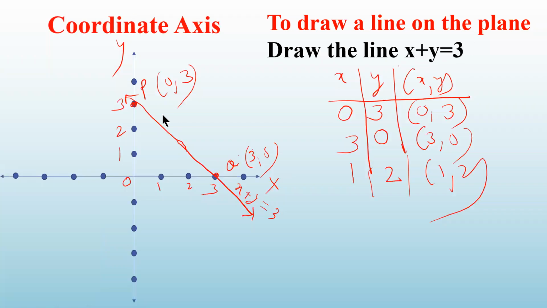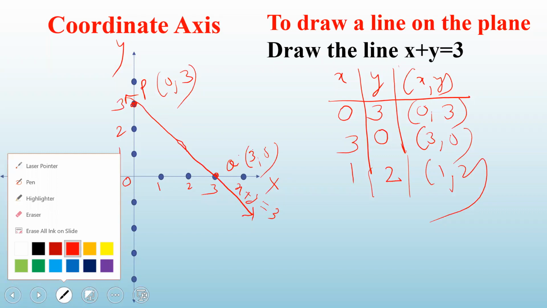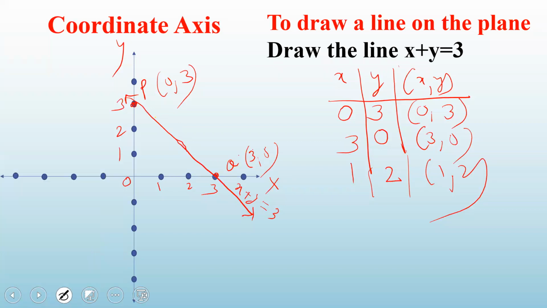Wait a minute. I may use a different color for that. So maybe I can take this. So one part is the points which are on the line. On the line means which I have marked with the red color. The other part is the points which are above the line, which I have marked in this region with the yellow ink, you can say.